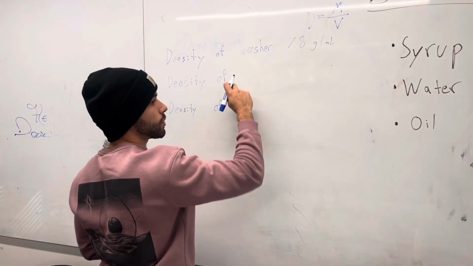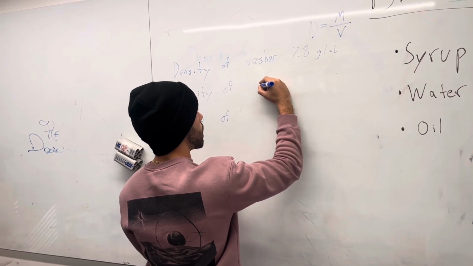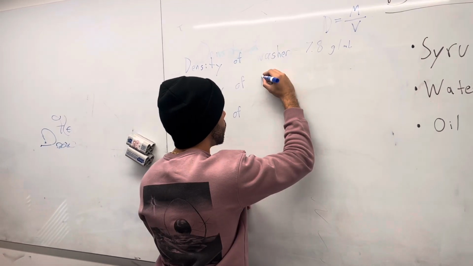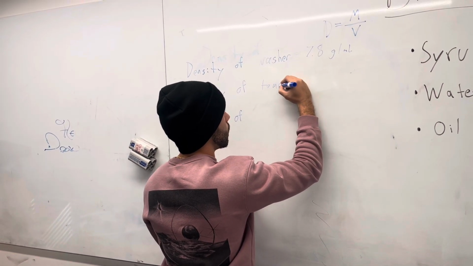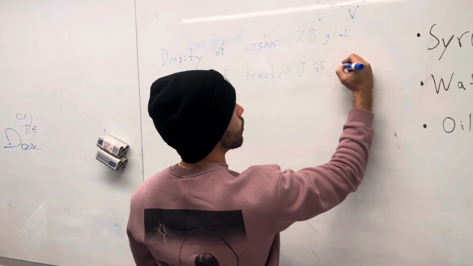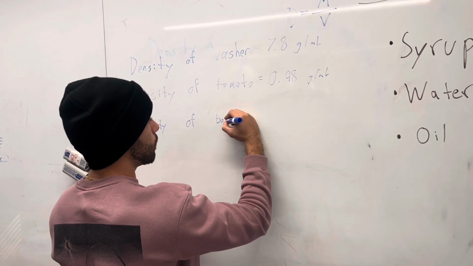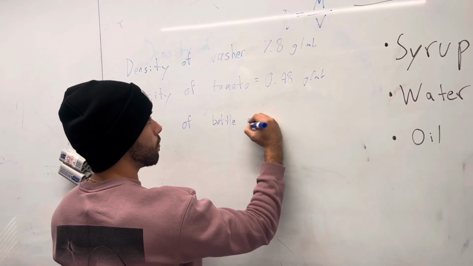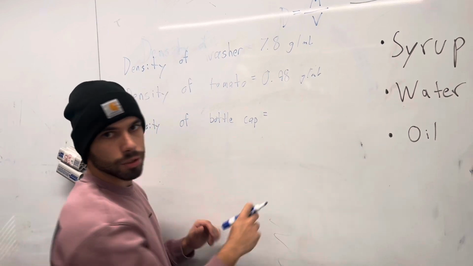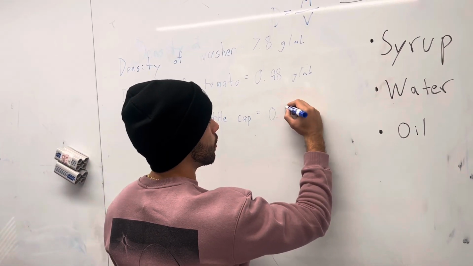And then our next one's going to be a grape tomato. And a grape tomato has a density of like 0.98 grams per milliliter. And then our final one is going to be a plastic bottle cap, which has a density of 0.6 grams per milliliter.